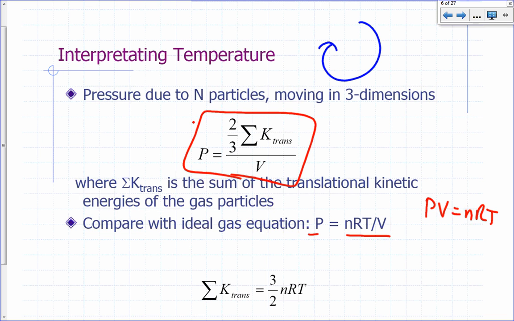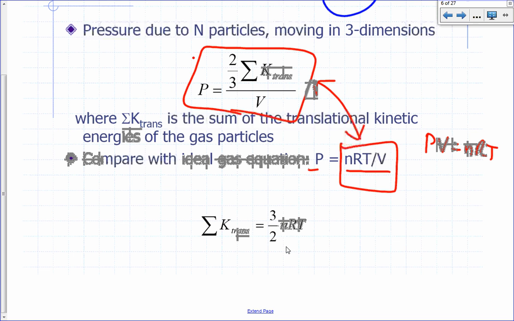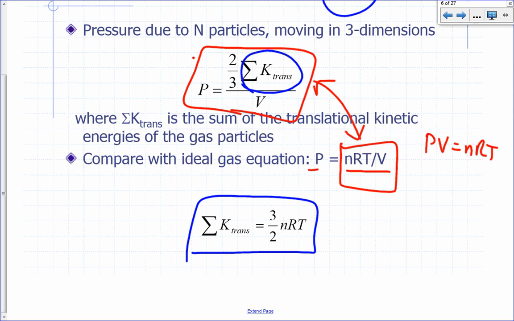If you compare these two, you can solve for the sum of the translational kinetic energies, and it's going to be equal to 3/2 times n times R times T.